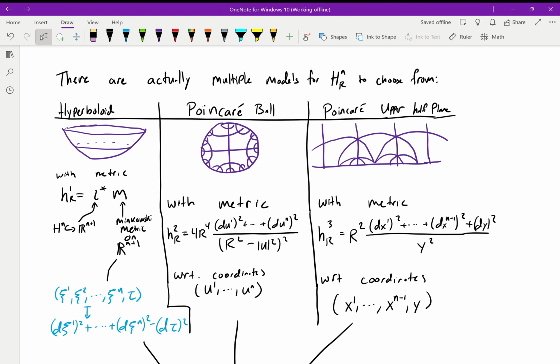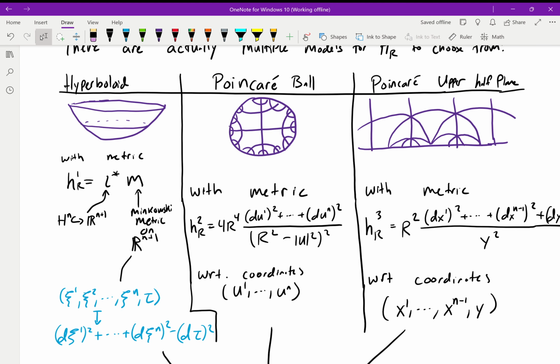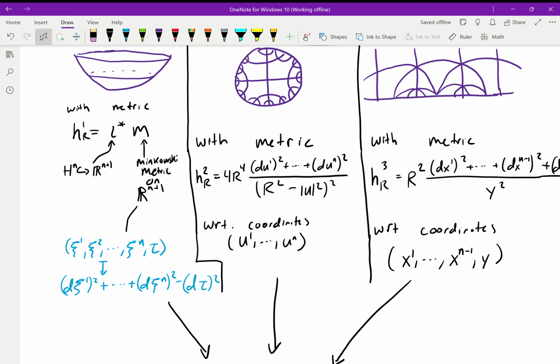And the thing is, we have different metrics on these. For the hyperboloid, you can take the induced metric from the Minkowski metric, because the hyperboloid sits inside R^(n+1). The Minkowski metric is basically almost the dot product. It's just that at the last term, you subtract the last coordinate instead of adding it.